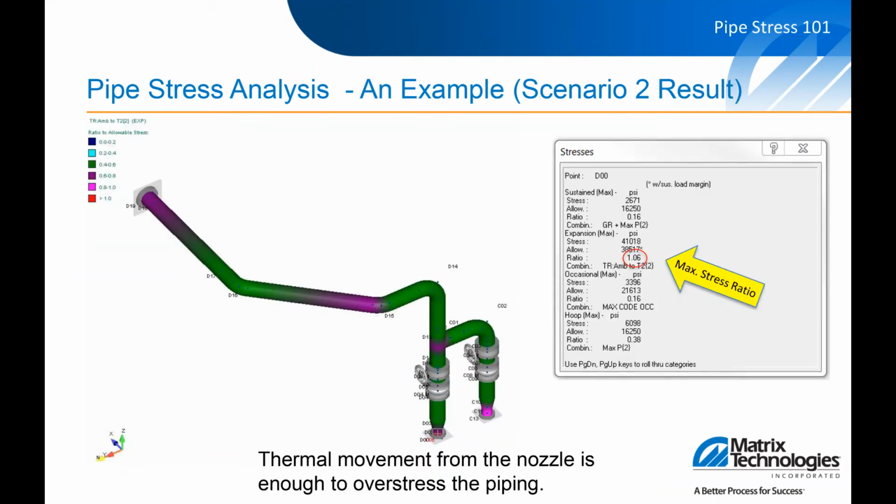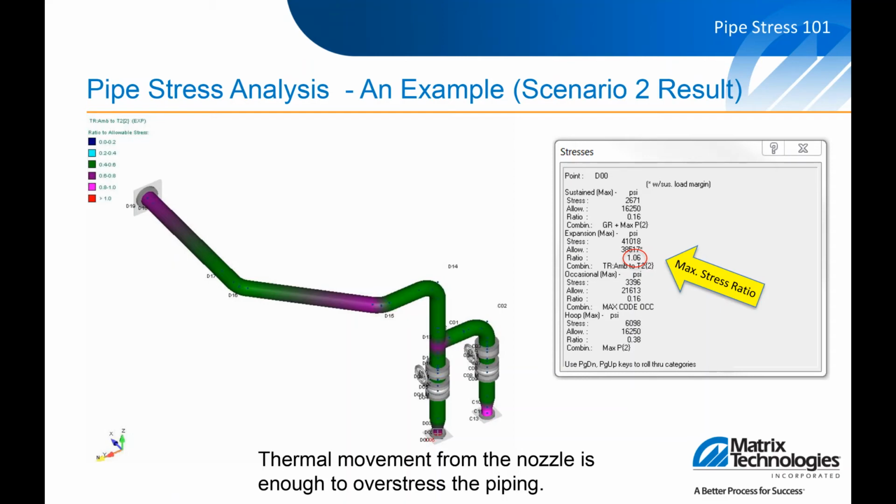The stress, because you've got that movement in the nozzle, now your thermal stress changes just a little bit. It's hard to see, I'm sorry, it's a little small, but you've gone from 83% stress to about 105, 106% stress. Not the end of the world, but there's that little bit of increase because you've got the thermal movement.